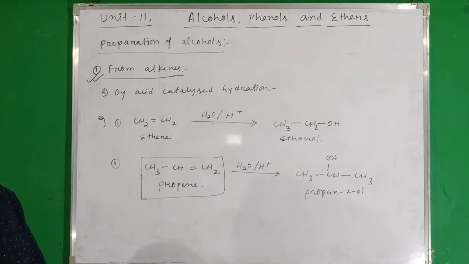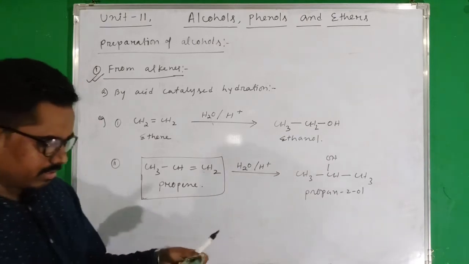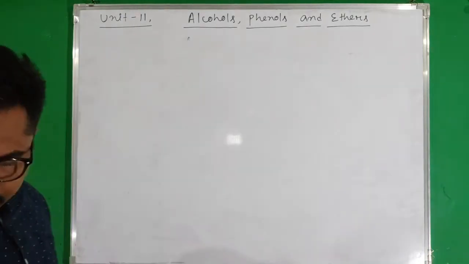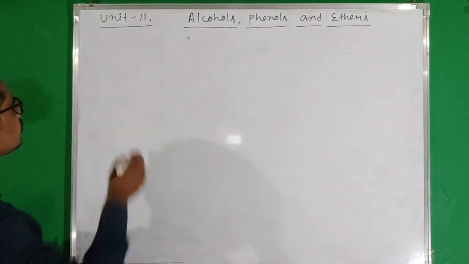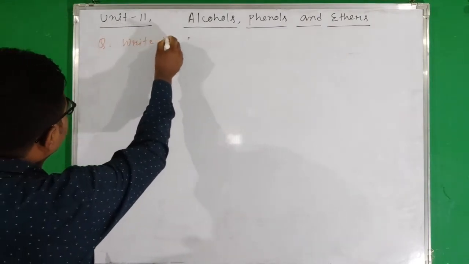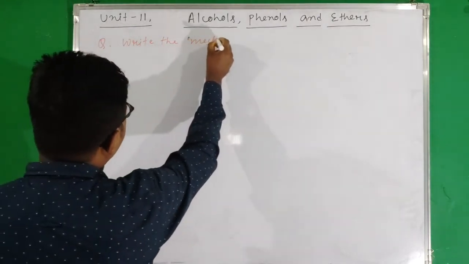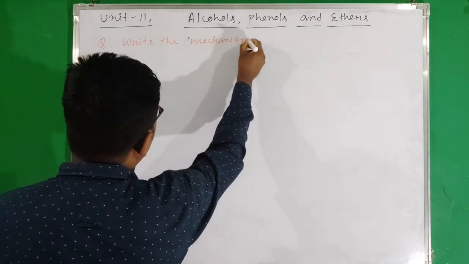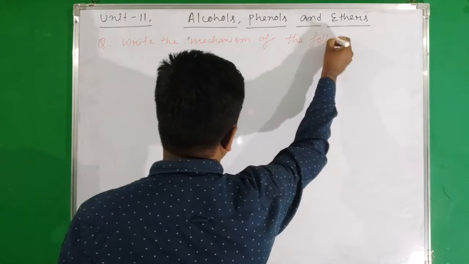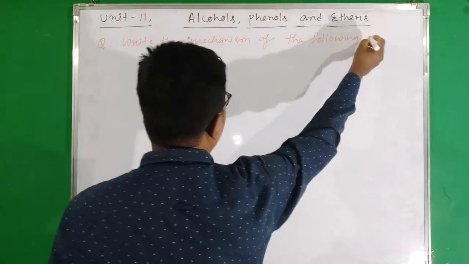Okay, so let us discuss the mechanism of this reaction, the mechanism of this first reaction. So let us take a question. Suppose the question is, write the mechanism of the following reaction.